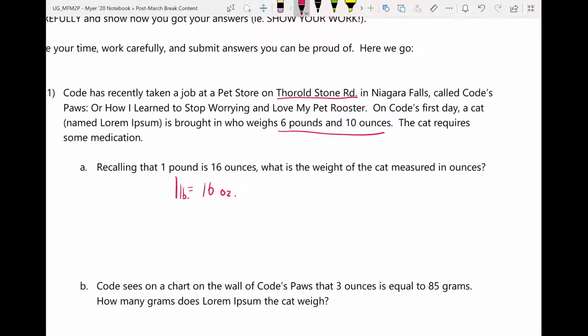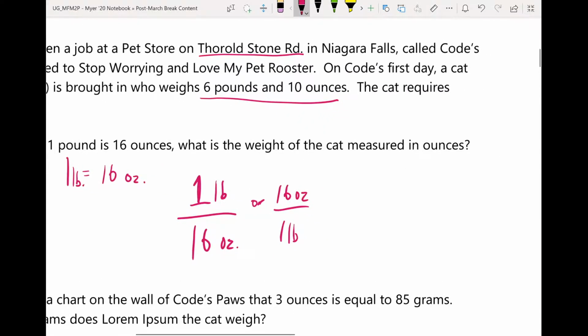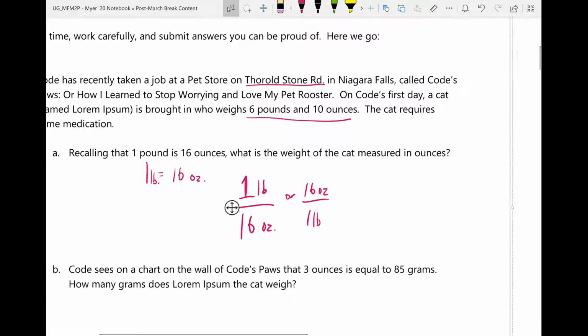So this is a ratio. Basically, we have 1 pound over 16 ounces, or we could have put it the other way around, 16 ounces to 1 pound. You could do it if we had six pounds.